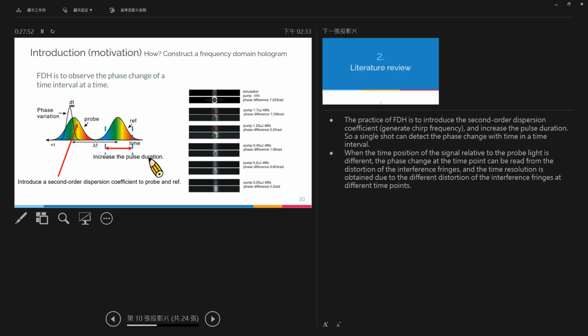From this kind of distortion, because the refractive index will be different, there will be a distortion. So I can extract the different phase by delta phi omega.